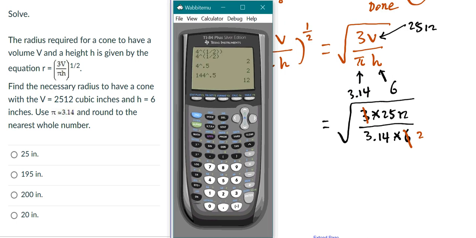So you turn on your calculator, and then you may use brackets. Upstairs is 2512. Downstairs, divided by what? Bracket 3.14 times 2, close bracket, and then another bracket. Okay, and then we want to choose the square root.